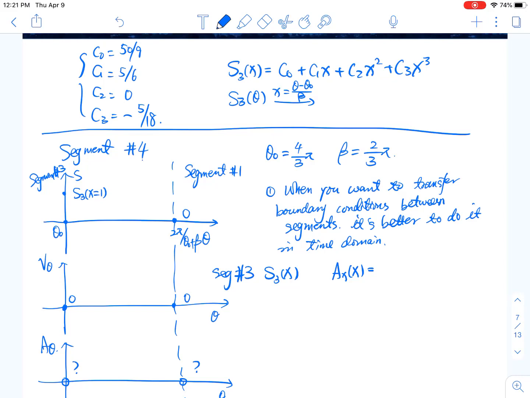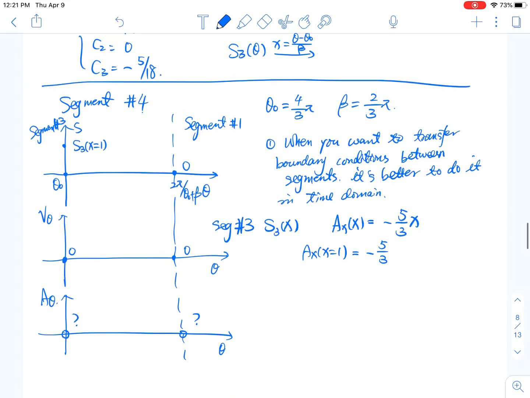It is minus 5/3 x. All right. So we know that's the acceleration. So that means the ending acceleration, A(x) at x equal to 1, that's minus 5/3. Okay. But then we want to convert this acceleration back to time domain.